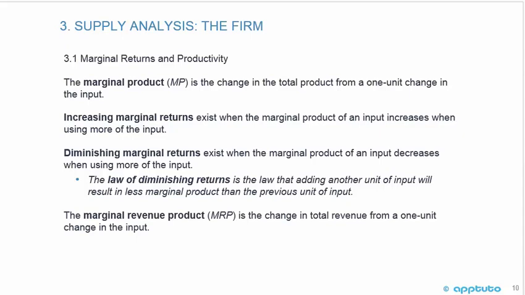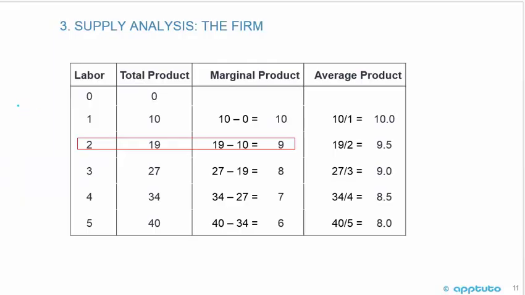So the marginal revenue product is a change in total revenue from a 1 unit change in the input. This is just a little graphic that shows you some of the concept in terms of labor as an input, total product, which is an output, marginal product, and your average product. So from labor here, we're starting with no labor, so there's no production.